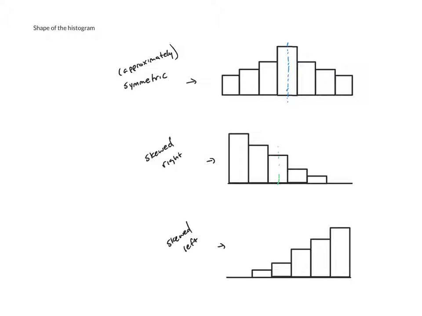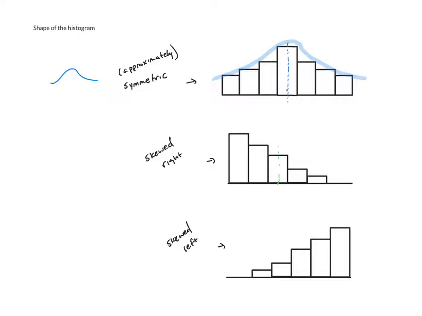Now, at this point, we're kind of getting sick of drawing histograms, so I want to point out that another way we can do this is by giving the approximate shape of it. That is, looking at this top histogram here, it kind of builds up, peaks, and then goes back down. Rather than drawing the actual histogram itself, I can say I have a histogram that looks approximately like that.